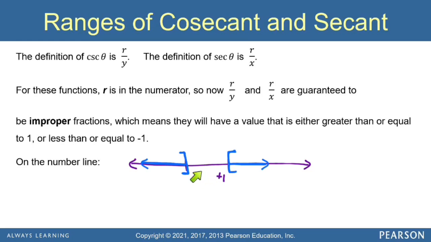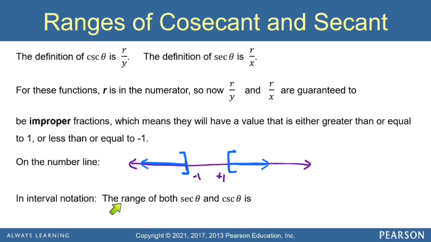Our secant values cannot be in between -1 and +1 because we have the big number in the top of the fraction. See, that makes these fractions improper. So if they're negative, they can be less than -1, and if they're positive, they can be more than +1, but they can't be in between -1 and +1.